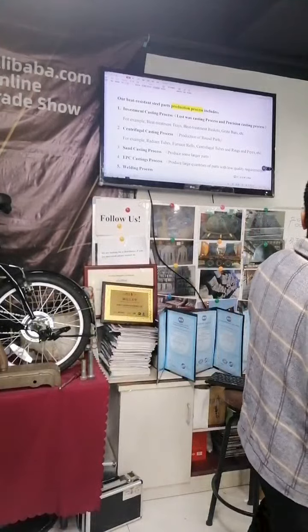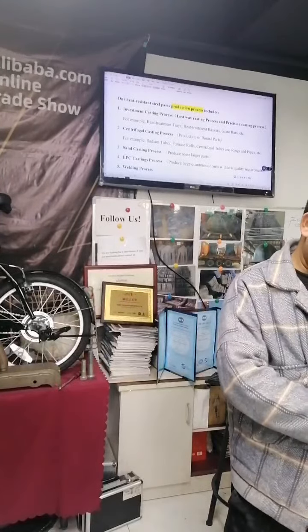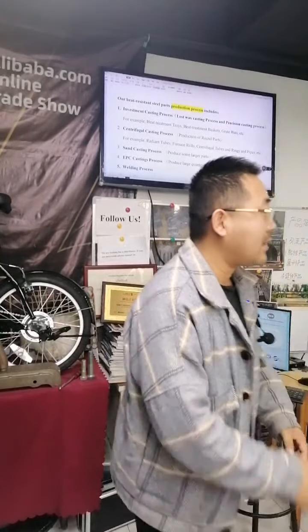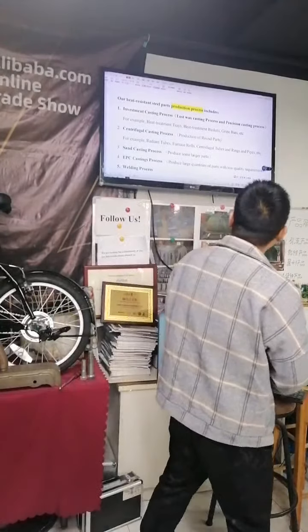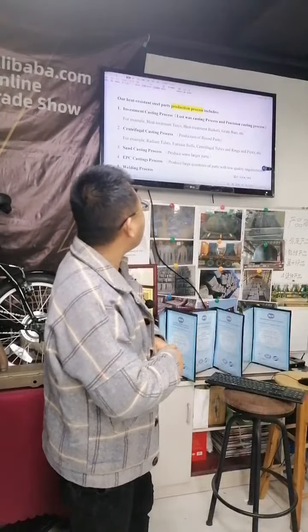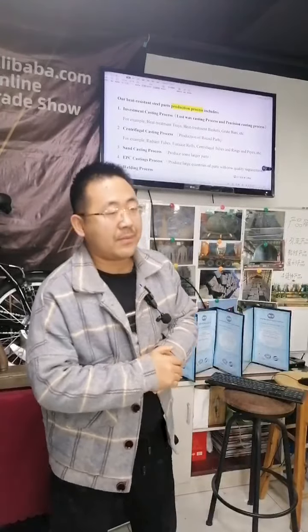And we also have some about the centrifugal casting pipe. Okay, I will introduce them.